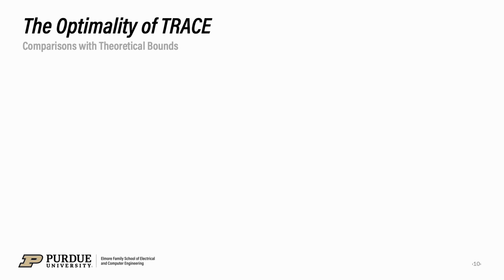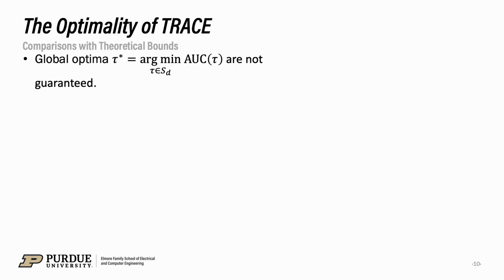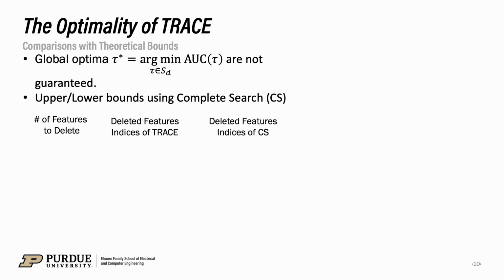Note that combinatorial optimization algorithms do not grant a global optimum. Therefore, we inspect how close TRACE is to approaching the global optimum. This is achieved by the upper and lower bounds of complete search. Take MORF for example.